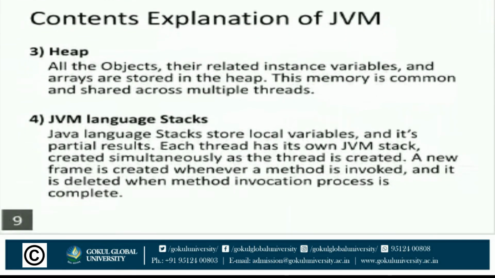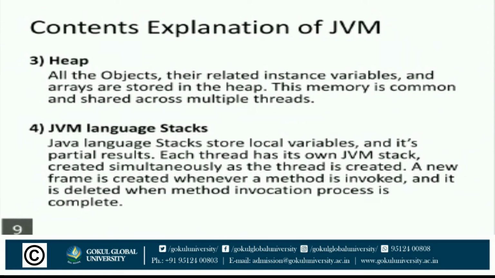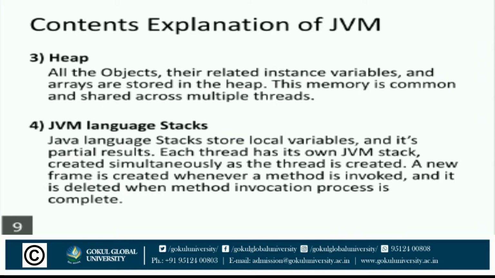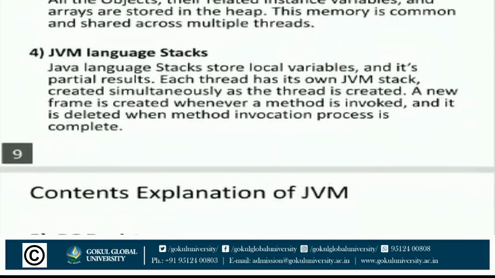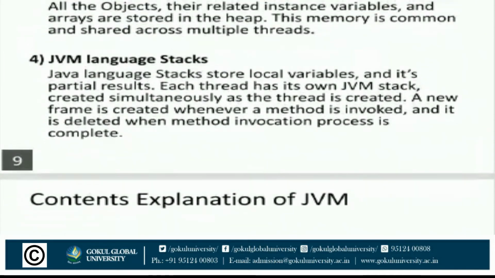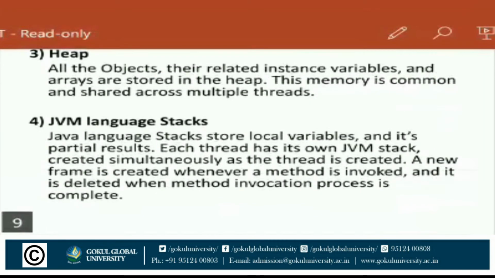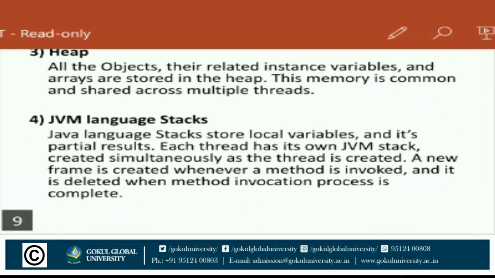Number 3 is heap. All the objects and related instance variables and arrays are stored in the heap. This memory is common and shared across multiple threads. Number 4 is JVM language stacks.